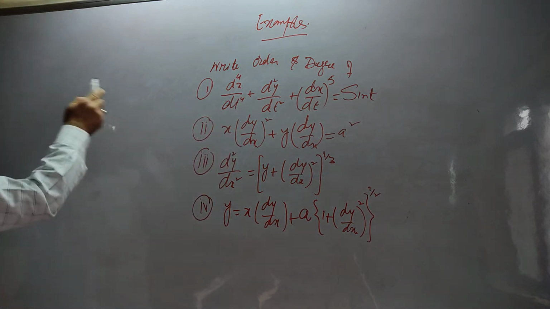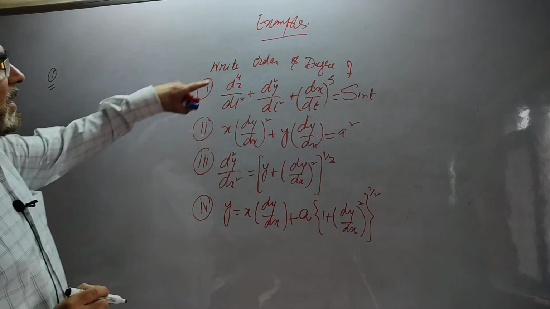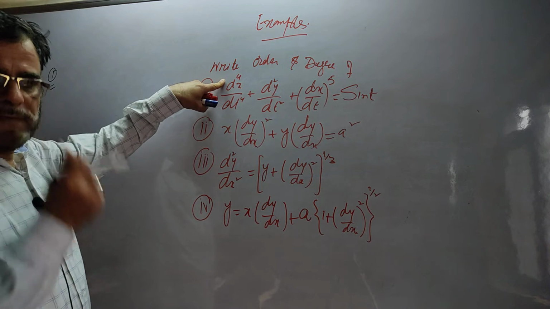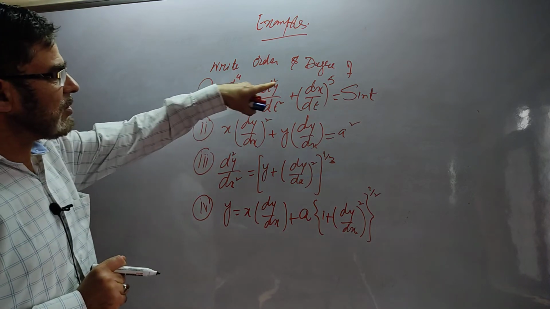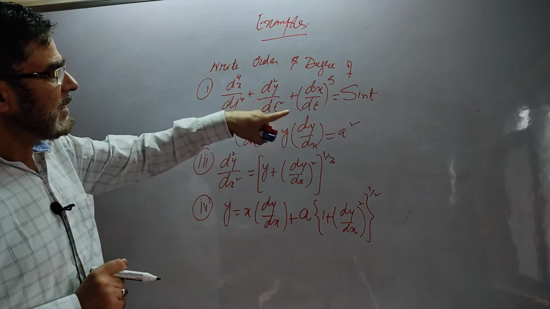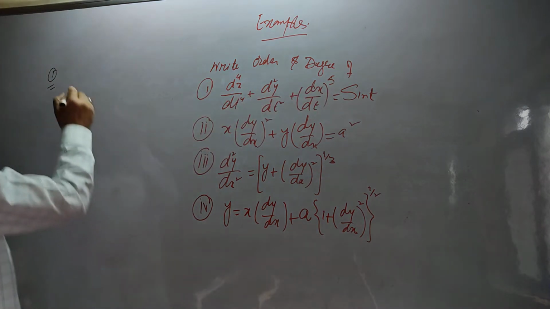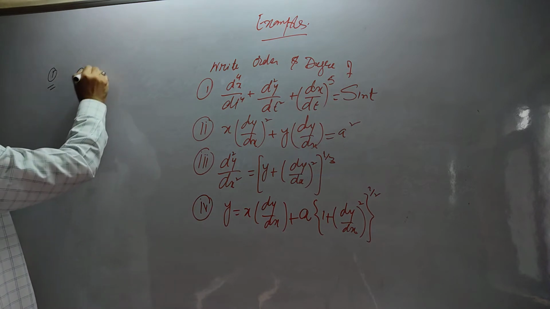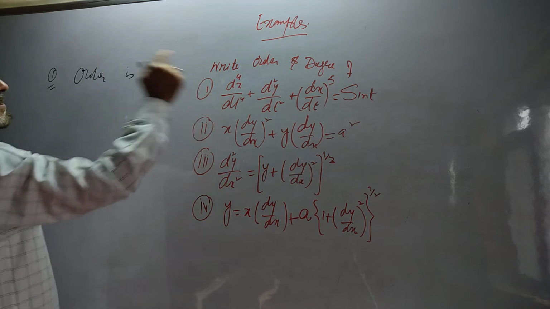Let us take the first one. You see the highest derivative involved is the fourth order derivative, and this is the first order with power 5. So we say the order is fourth in this differential equation.